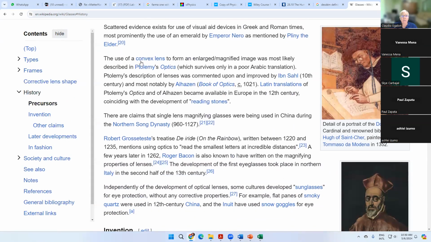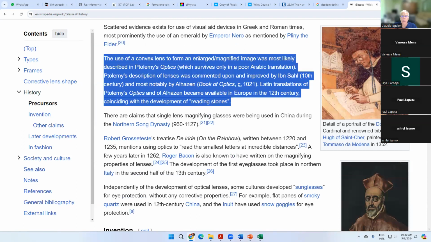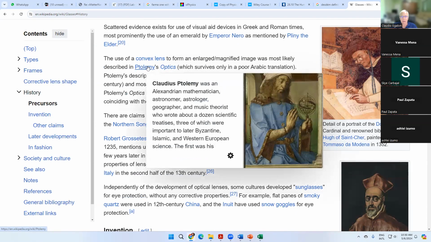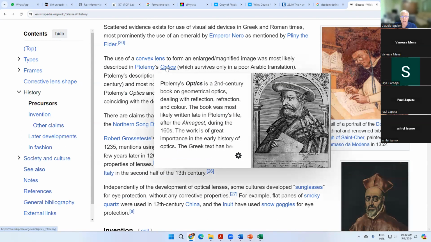Okay, the use of a convex lens to form an enlarged, magnified image was most likely described in Ptolemy's Optics. Wow, back to Claudius Ptolemy. A 2nd century book.